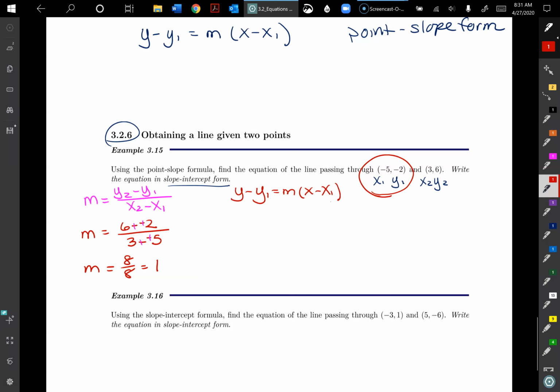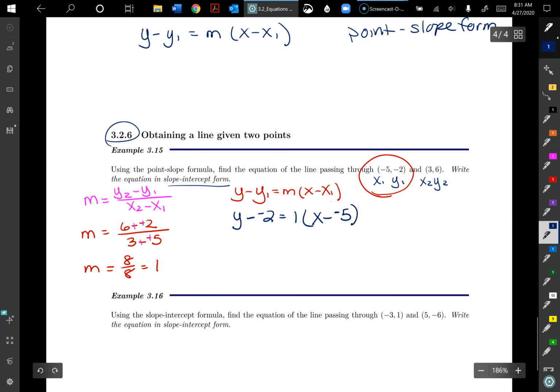So go ahead and pause the video and do all that. I'm going to just write in what I'm plugging in here. The y minus -2 equals 1 times x minus the x sub 1, which is -5.